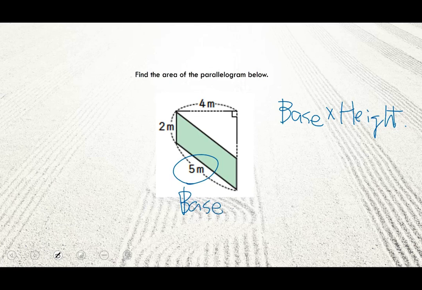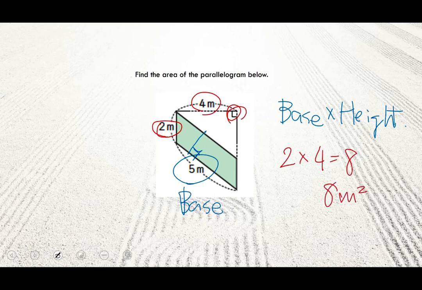If this is the base, the base should be this, but we do not have this. So in this case, where is the perpendicular? That's this 2. This is the base, and this is the height. So 2 times 4 is 8 square meters.